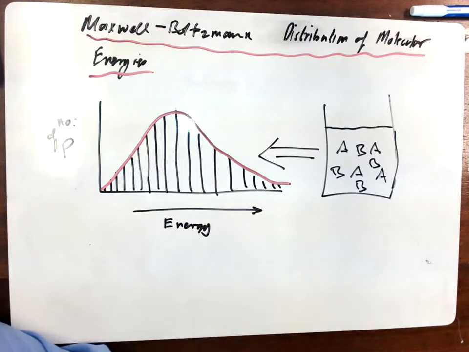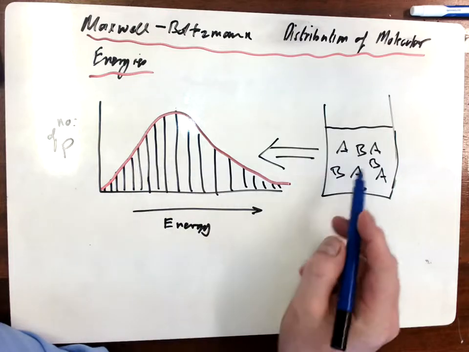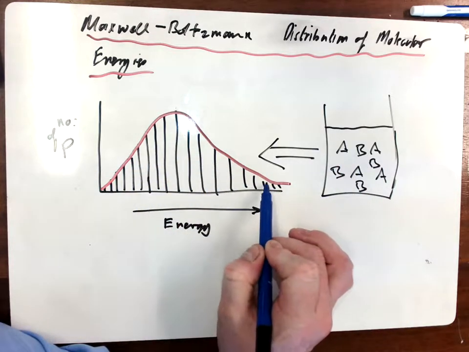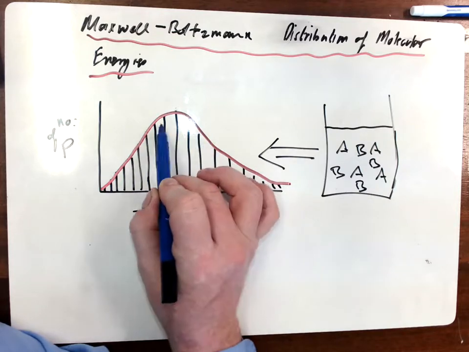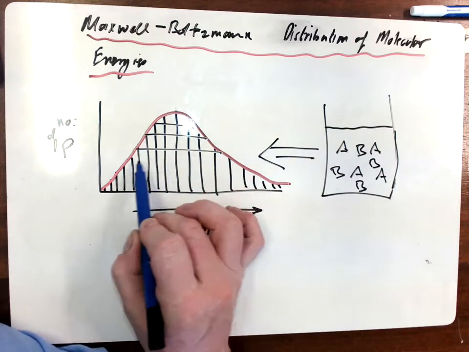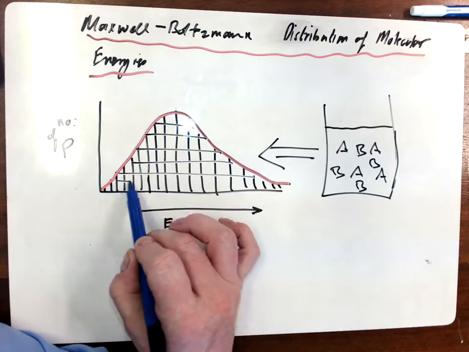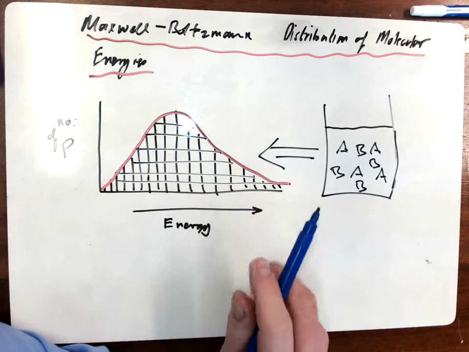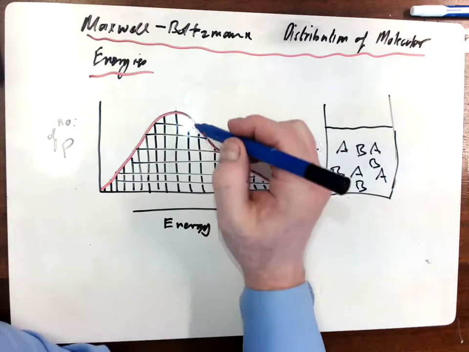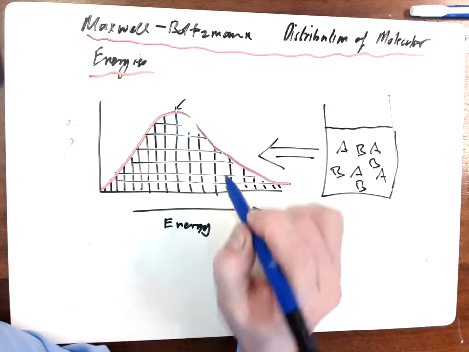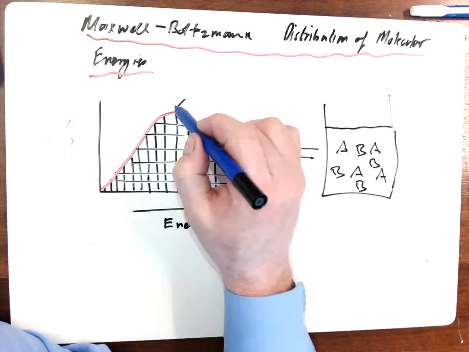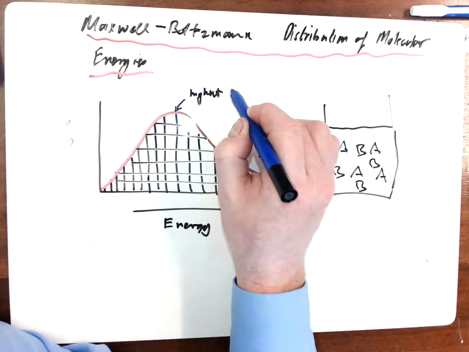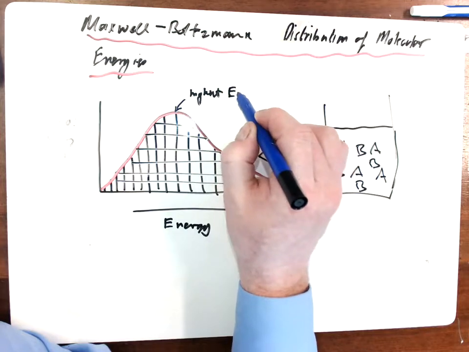Therefore, all the particles in this mixture A and B are represented by these black bars, or in other words, by the area under this line or this curve. So this whole area represents the number of particles. This part here represents the number of particles which have the highest kinetic energy, or highest speed.